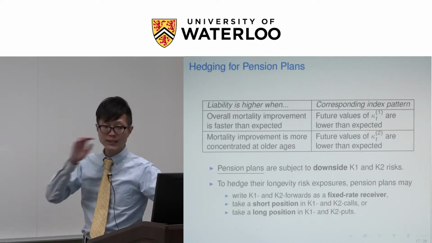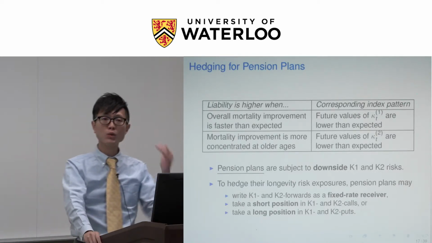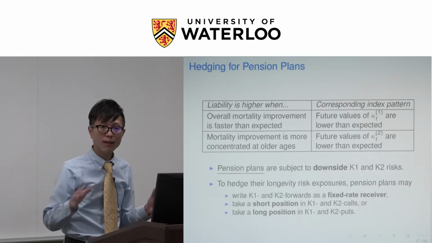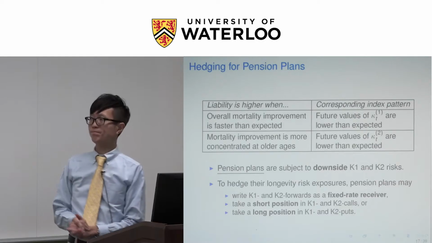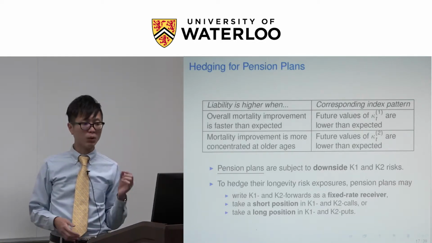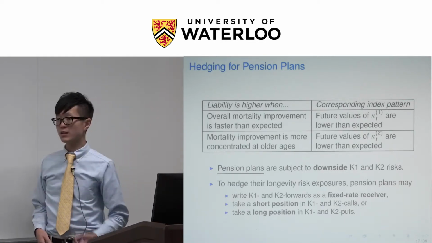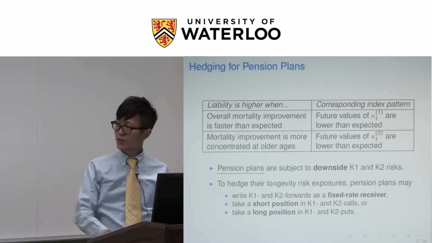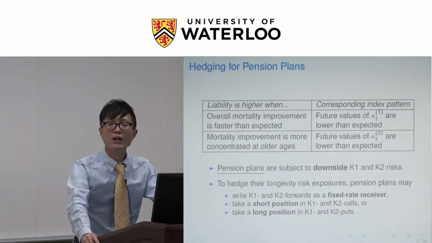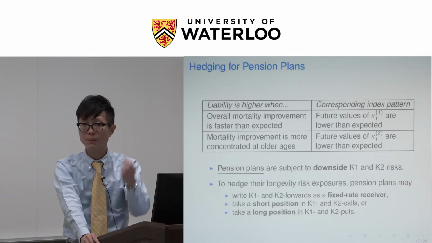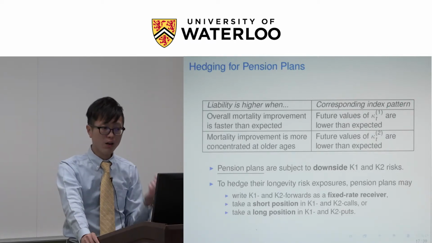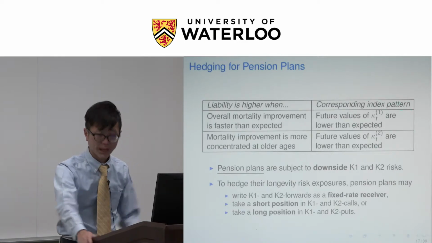As I previously mentioned, for a closed pension plan, its liability is higher in two scenarios. Number one, overall mortality improvement is faster than expected, and this corresponds to the situation when future values of the first CBD index are lower than expected.